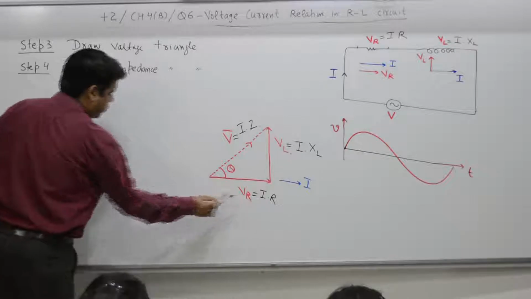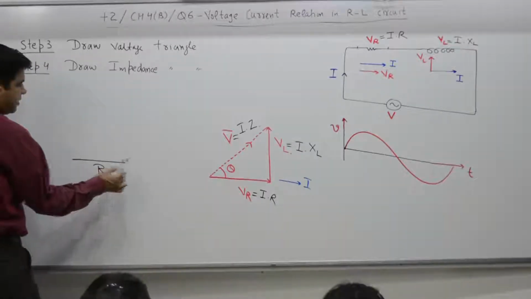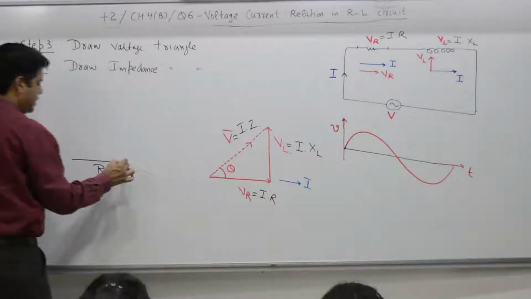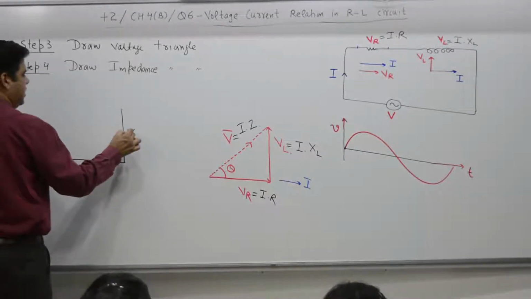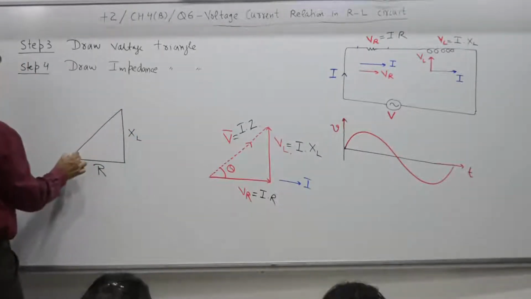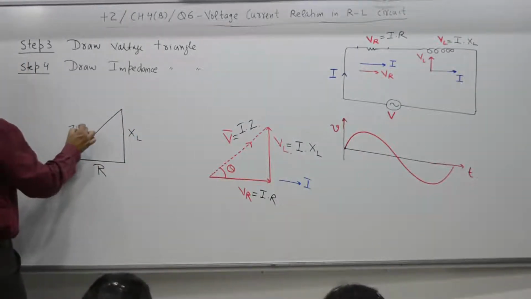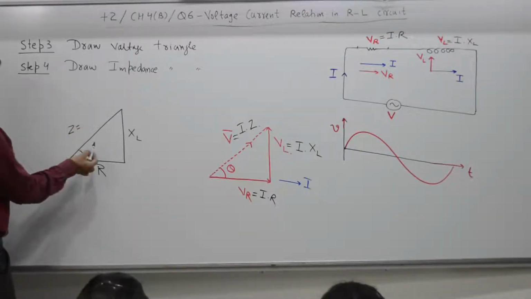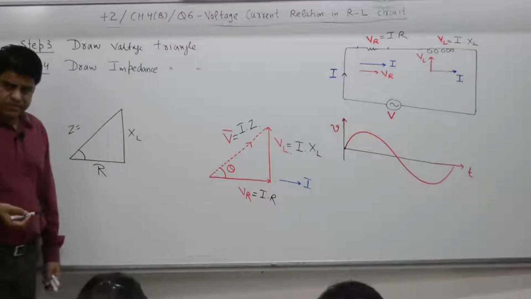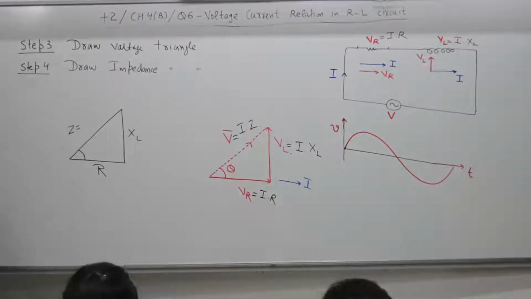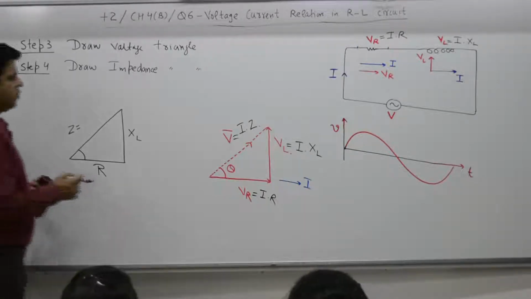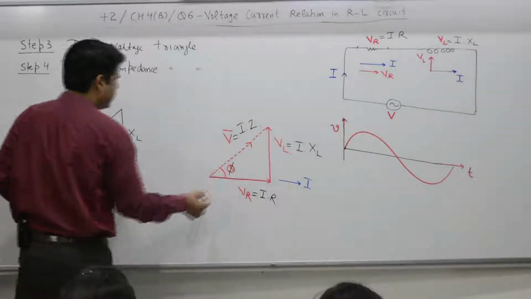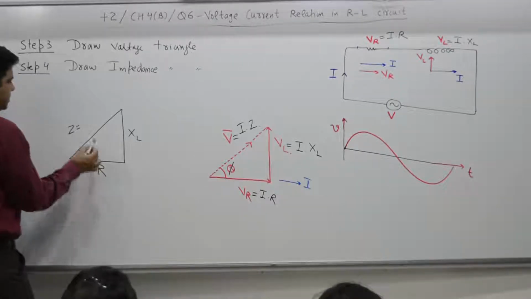If you cancel I, what you are left with is R here, XL here, and Z here. This angle is theta or phi. What is written in the notes? Phi or theta? Phi. Perfect. We will move accordingly. Yes, it is given as phi. So, I won't write theta. As per the notes, I will write phi. This angle is phi.